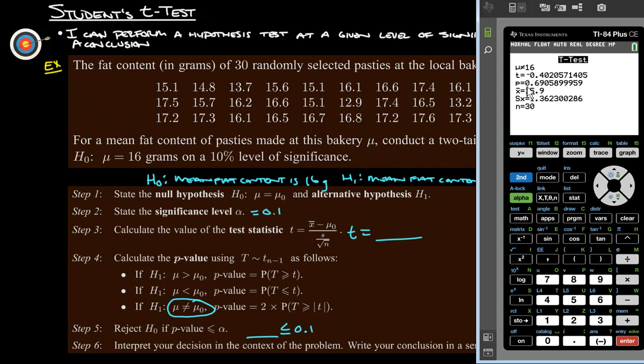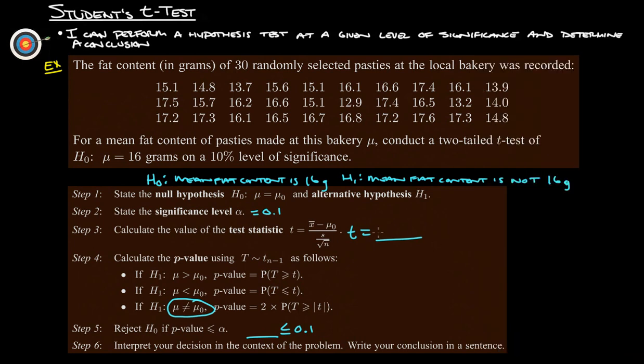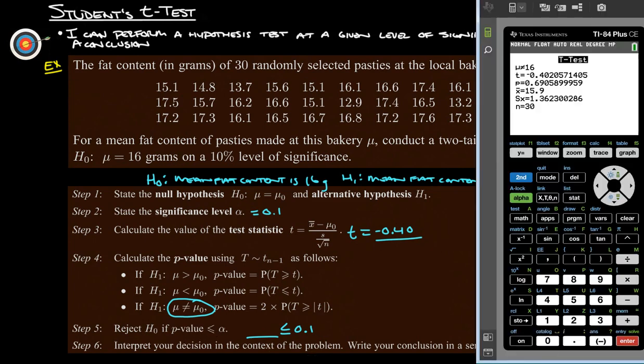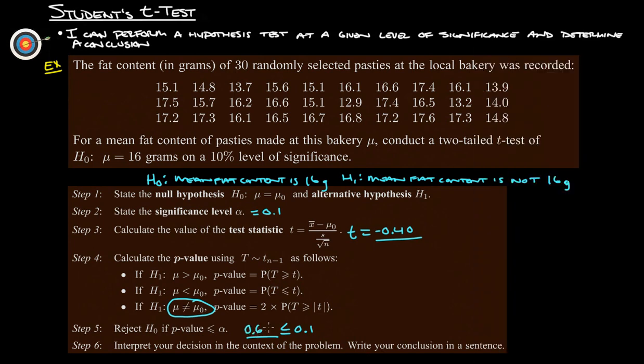So our t is negative 0.40. And then our p-value here is 0.691.